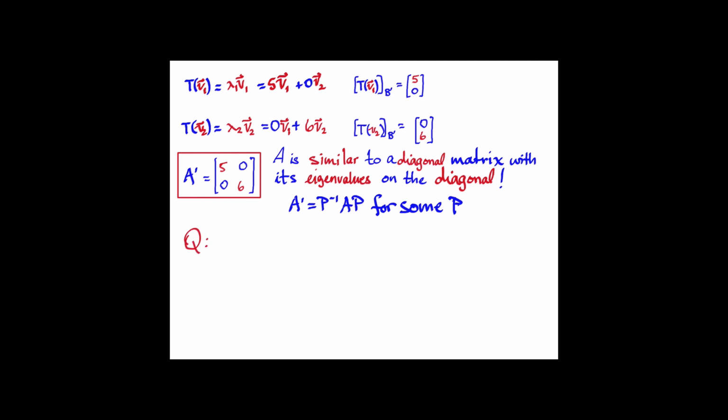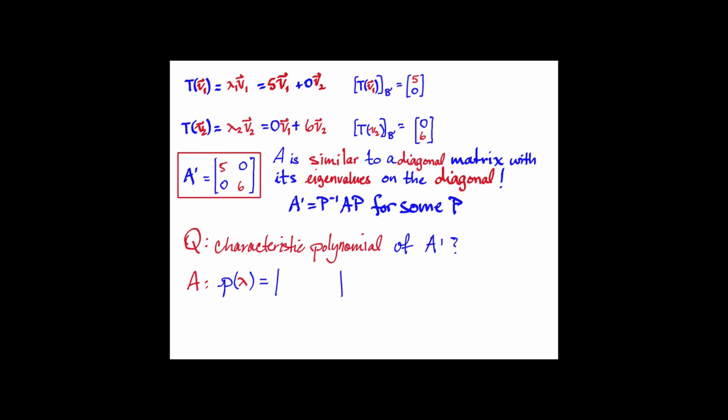Let me ask a question. What is the characteristic polynomial of this new matrix A prime? I'll give you a minute to find that characteristic polynomial. Okay, to get the characteristic polynomial, you just set up the matrix lambda times I minus A prime and take the determinant.